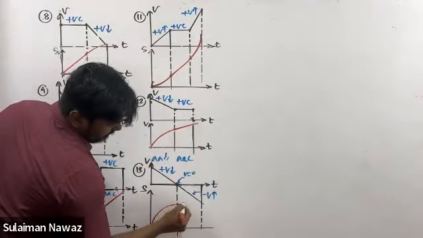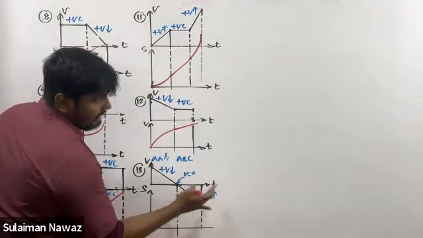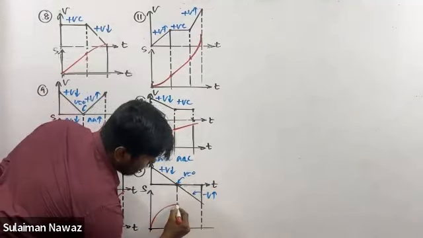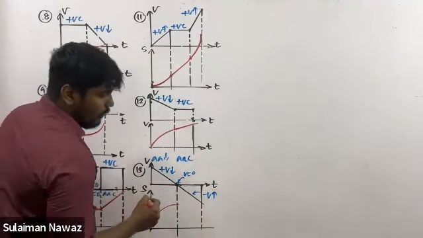Tangent horizontally. Then from here onwards, obtuse angle increases. How do I draw increasing obtuse angle?